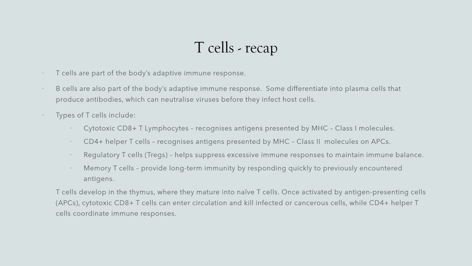Once they're activated by antigen presenting cells, the cytotoxic CD8 plus cells can enter circulation and kill infected or cancerous cells. The CD4 plus helper T cells coordinate this immune response. So that's just a top level recap on T cells and what they are. Obviously there's a lot more to this.